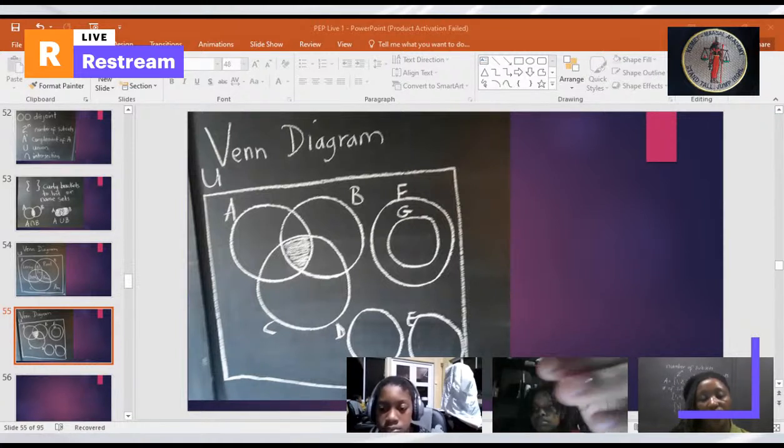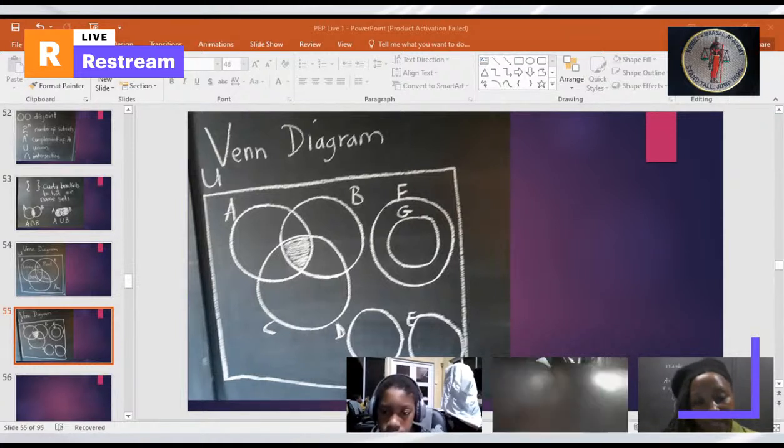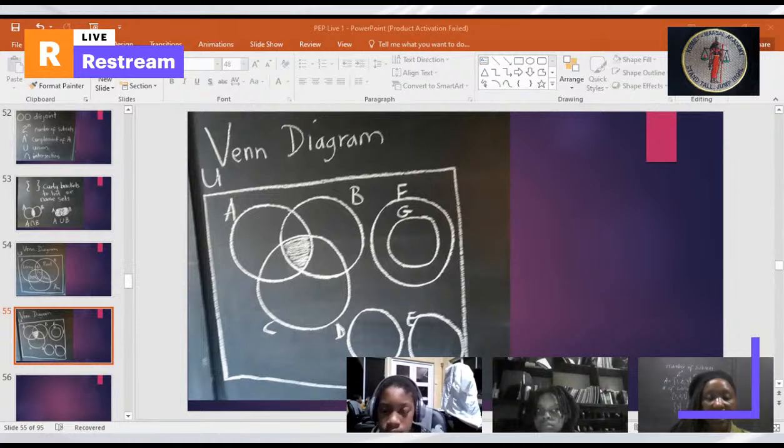So those are the common ways that you will see sets represented. Either you'll see two or three sets intersecting each other, overlapping, or they can intersect like subsets where one set is contained within the other set, or they might not intersect at all, in which case they would be disjoint.